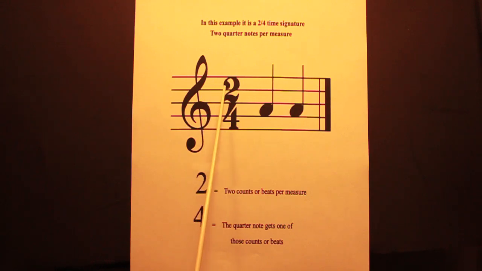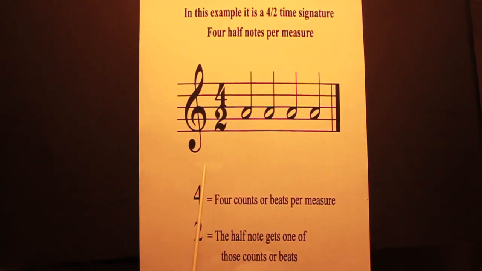Here, our time signature is 2/4, meaning 2 quarter notes. 2 counts to the measure, and the quarter note gets one of those beats. Here's another example of a time signature, only this time it's 4/2.